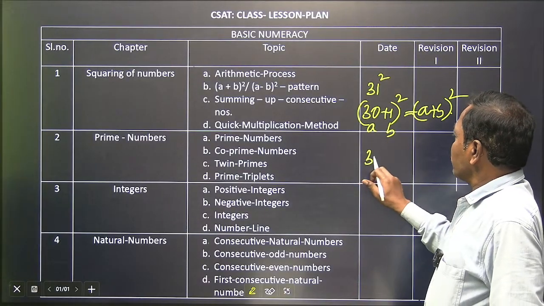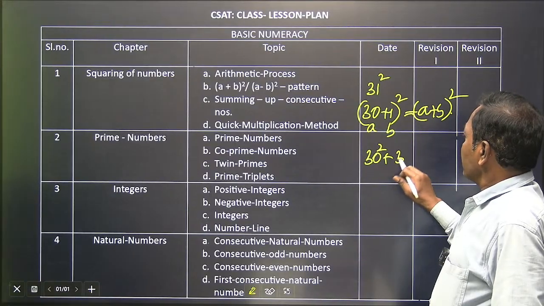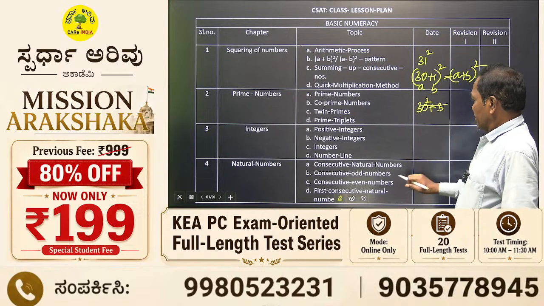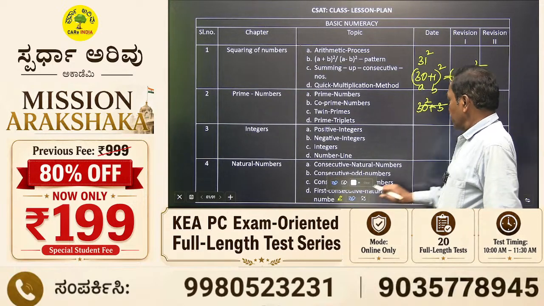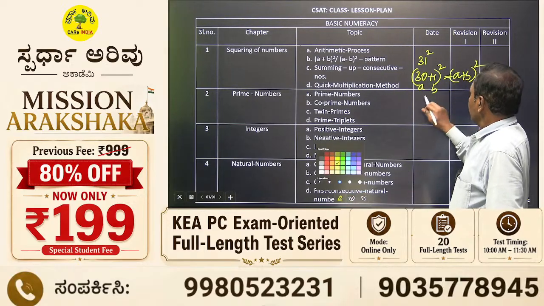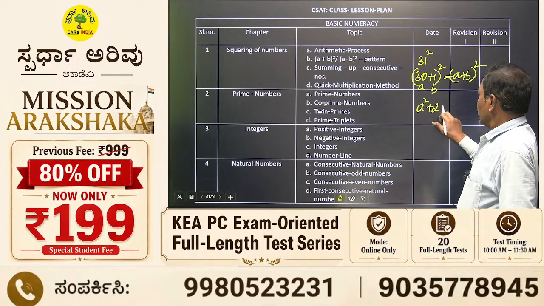What is the a plus b whole square formula? I'll write it: a plus b whole square is a square plus 2ab plus b square.